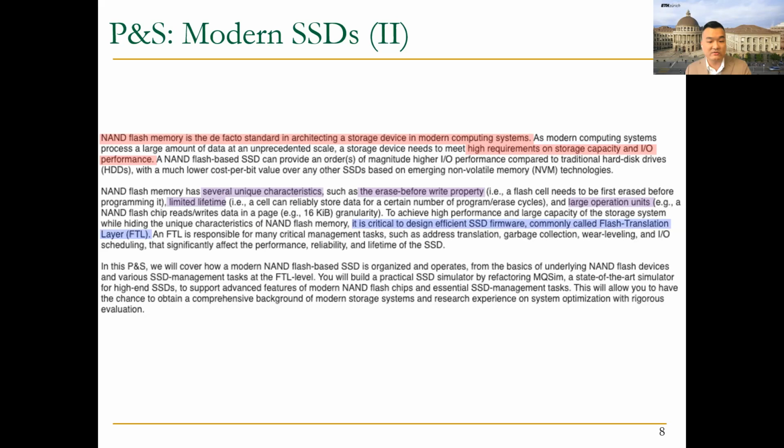So it is critical to design efficient SSD firmware, commonly called the flash translation layer, or FTL in short, which is responsible for many internal SSD management tasks, such as address translation, garbage collection, wear leveling, and I/O scheduling, in order to provide high performance, long lifetime, high reliability, and backward compatibility of the SSD, while hiding the unique characteristics of NAND flash memory. So in this course, basically, we will build a practical SSD simulator by extending MQSim, a state-of-the-art simulator for high-end SSDs.